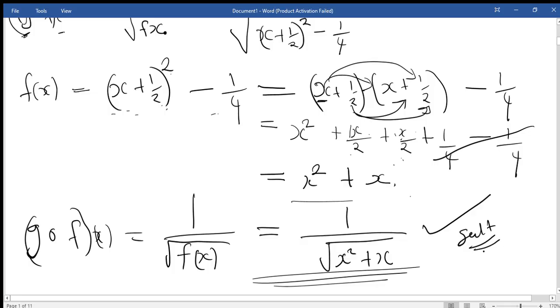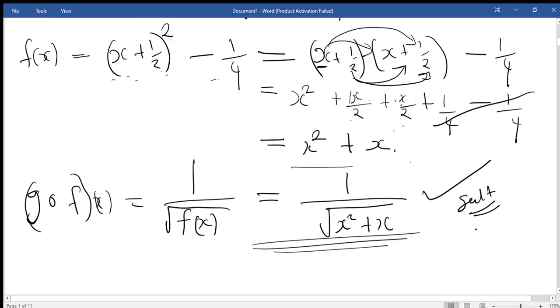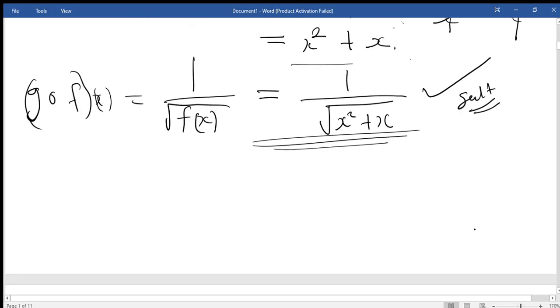But remember, we have the second part here where you are being told to find the domain of this function. What is the domain of the function? Remember, what did we say about the domain?